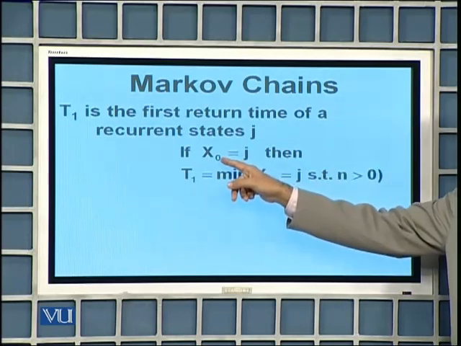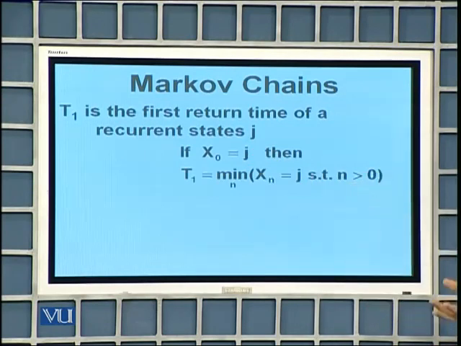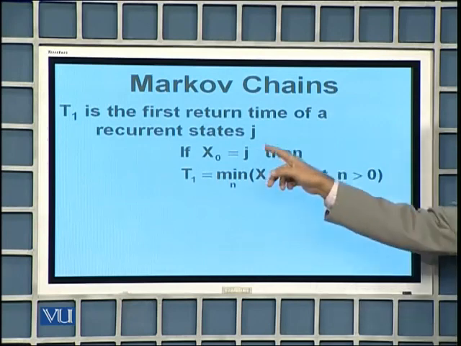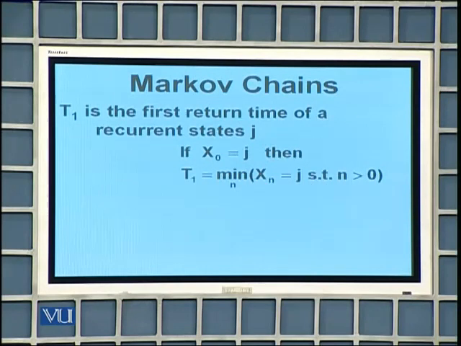For sampling instance 0, we are in j, and then for all other indices when we are again in j, we are going to take the minimum of all these numbers. So that will give us the first return time.